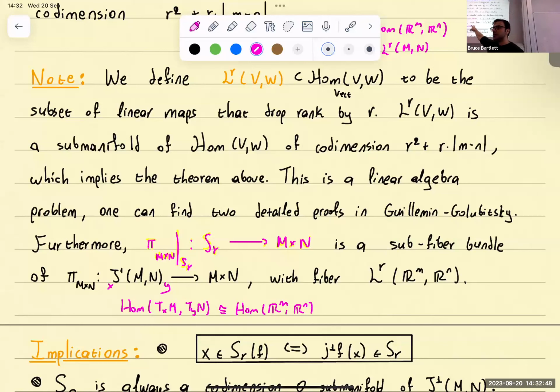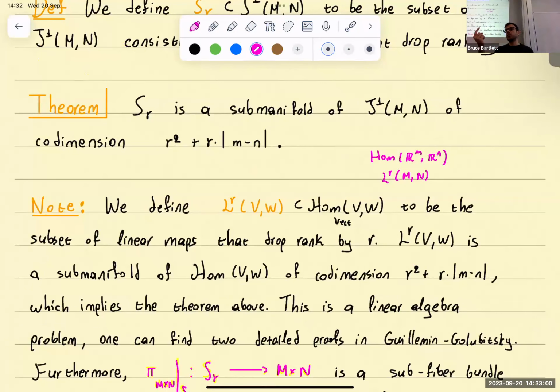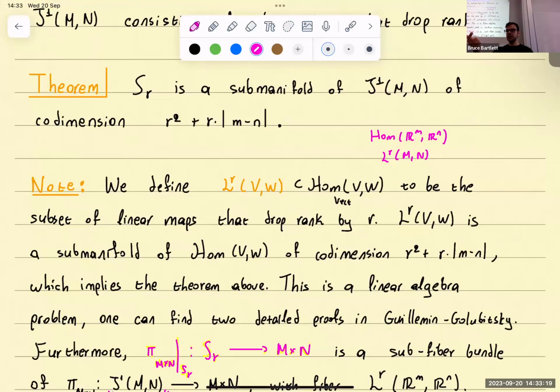So J1 of M comma N. That is a space of all one jets from M to N. One jet, you can think of it as just a triple of a point in M, a point in N, and a linear map from the tangent space of M at that point to the tangent space of N at that point.